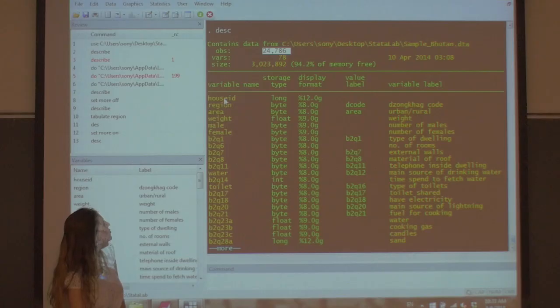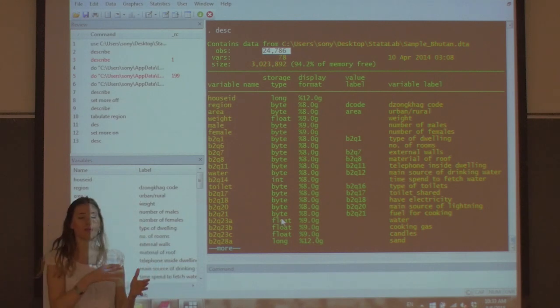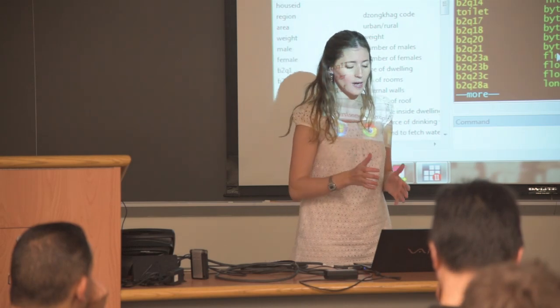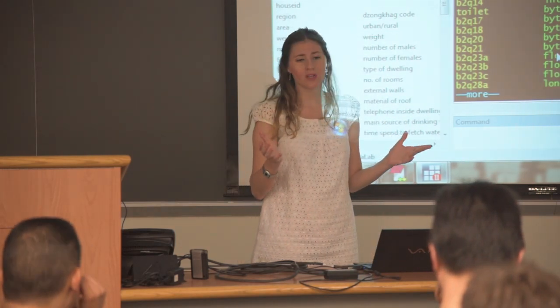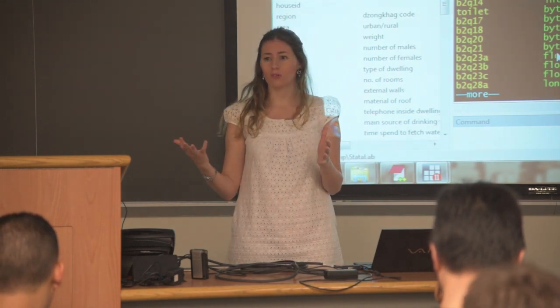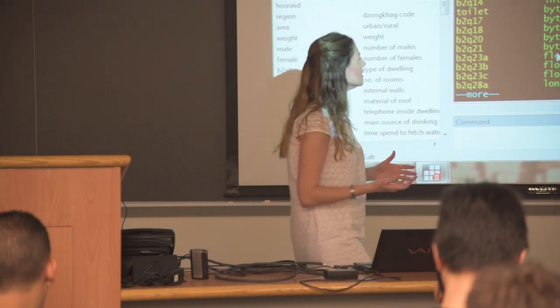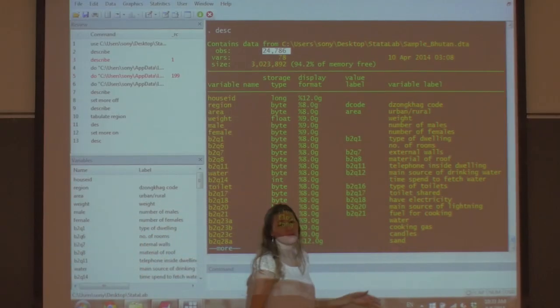And then you have a whole description with all the variables, the type of variable that they are, if they are numeric, how many decimals they have, what type of numerical variable they are, or whether they are string. For example, if you have an address or a name, it's a non-numerical variable. It's going to be a string variable. And then we also have the labels that I was showing you before.